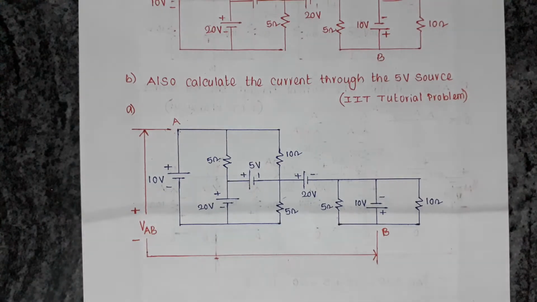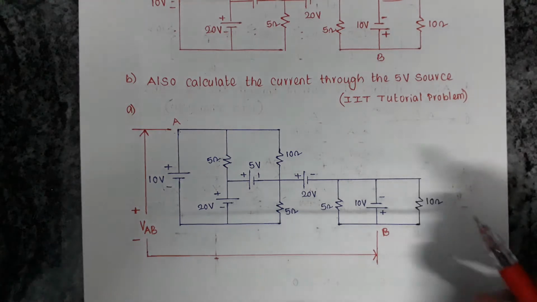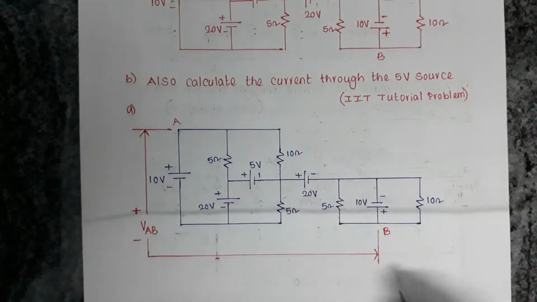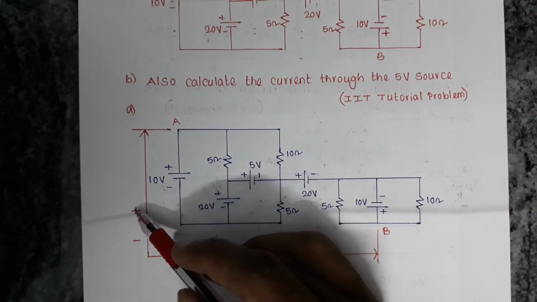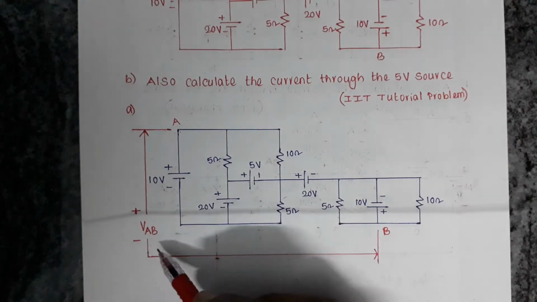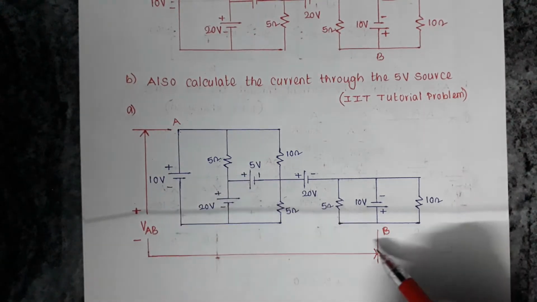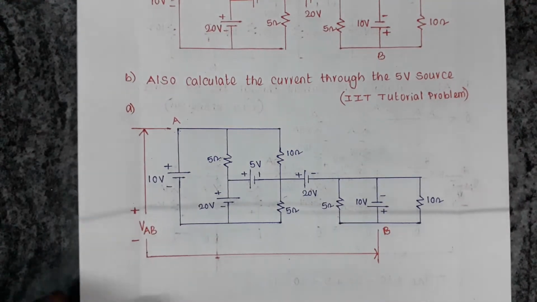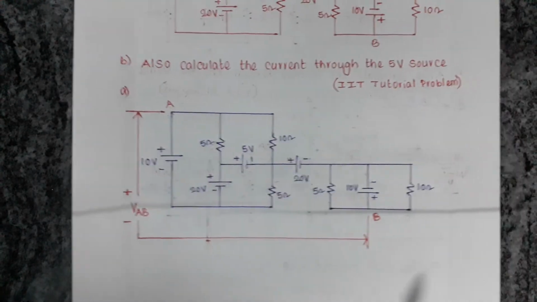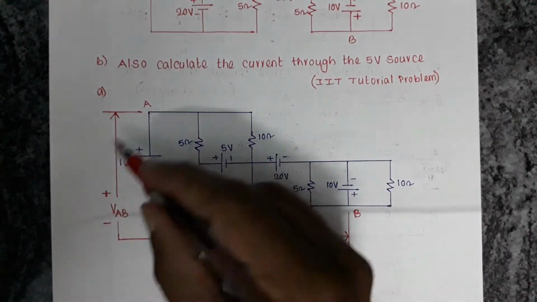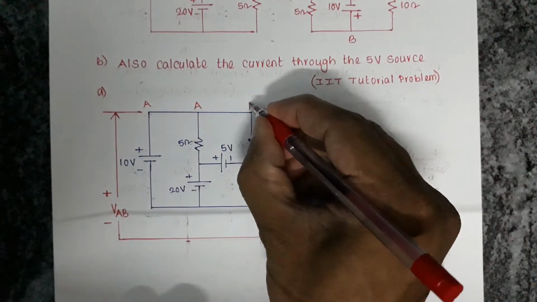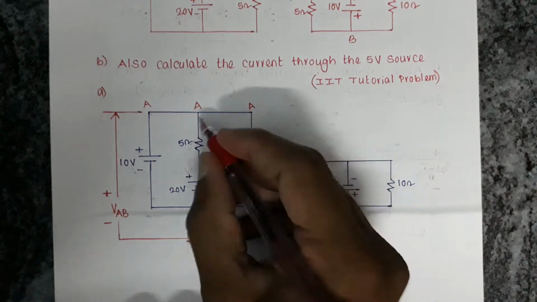Taking the circuit as it is, the voltage from node A to node B is VAB, with positive polarity towards A and negative polarity towards B. If you write a KVL in this loop, this is A, and this is also A node, because it is a short circuit.